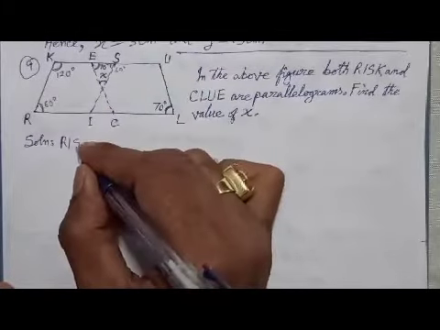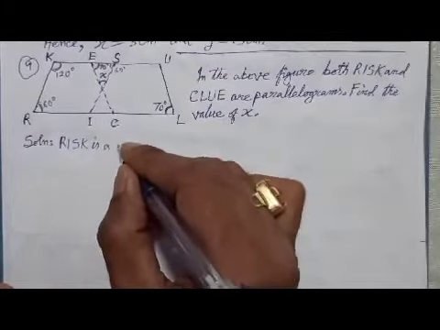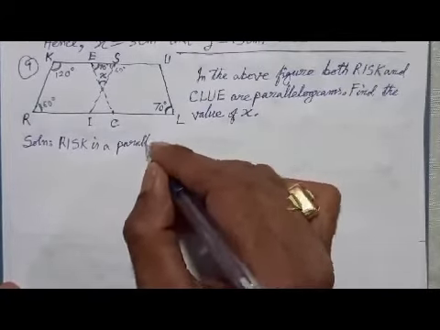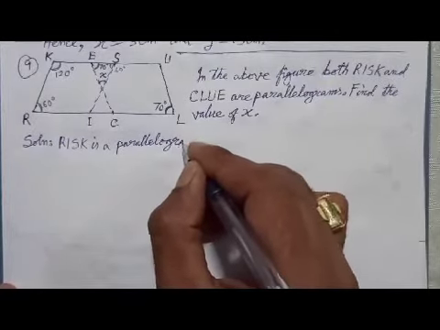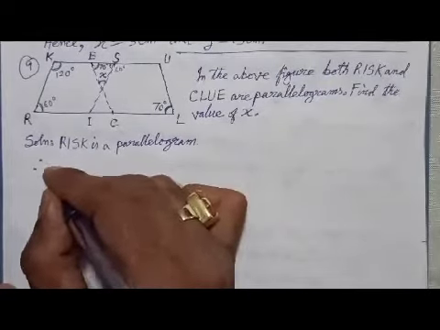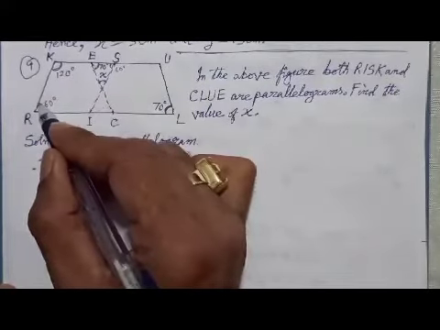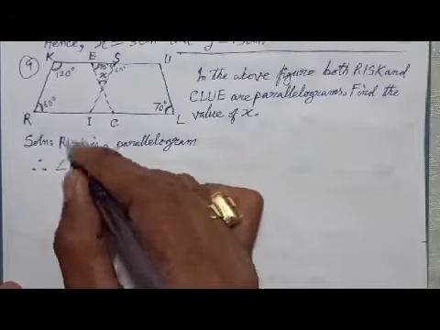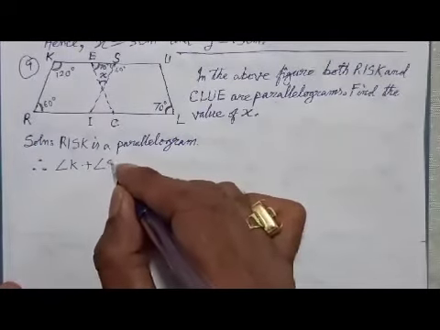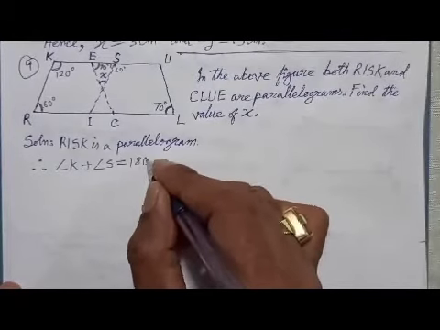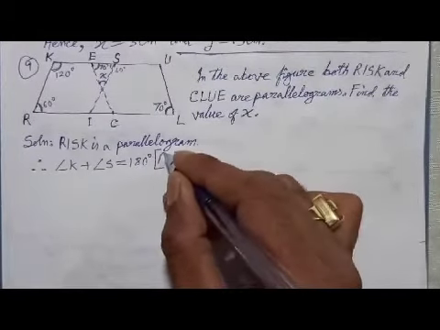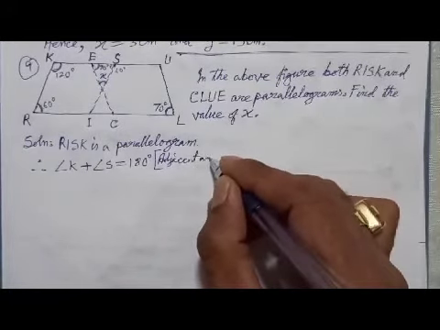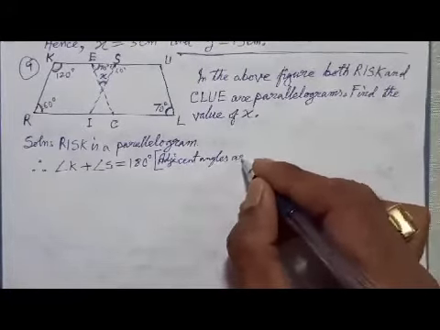RISK is a parallelogram, that is given. Therefore, this angle and this angle are adjacent angles. Their sum must be 180 degree. Therefore, angle K plus angle S is equal to 180 degree. Adjacent angles are supplementary.